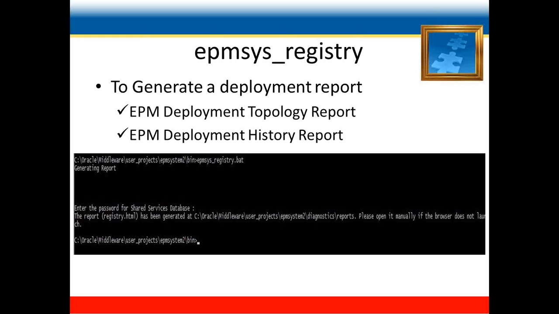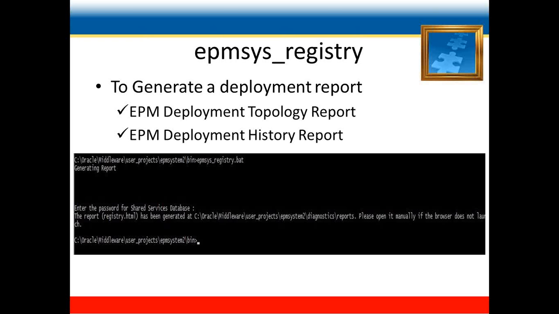Then we can have application tier components in this report. We will also be given the database connections that we configured, the user directories, and the data directories that we also configured during EPM configuration.